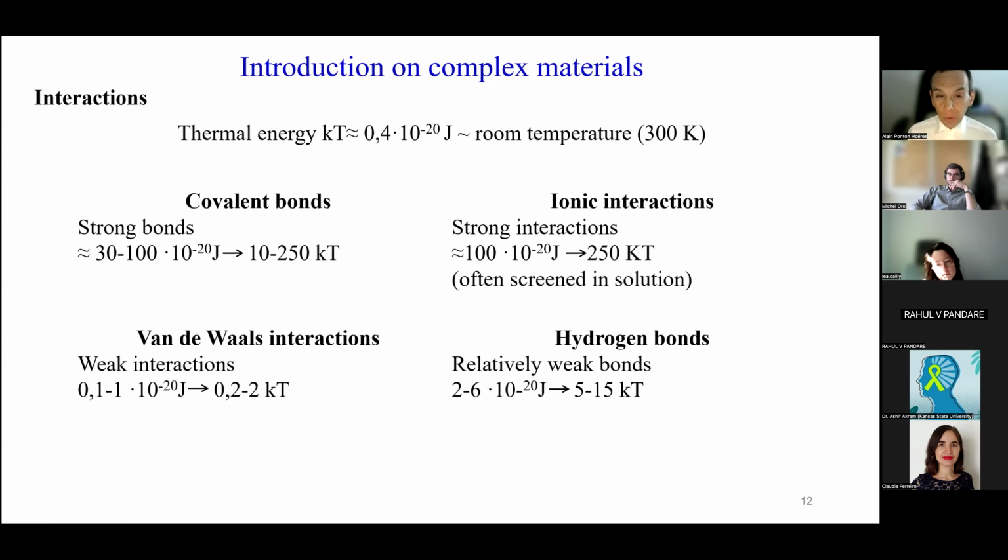For interactions, the main interactions in soft matter materials are low energy interactions, such as ionic interactions, van der Waals interactions, and hydrogen bonds.